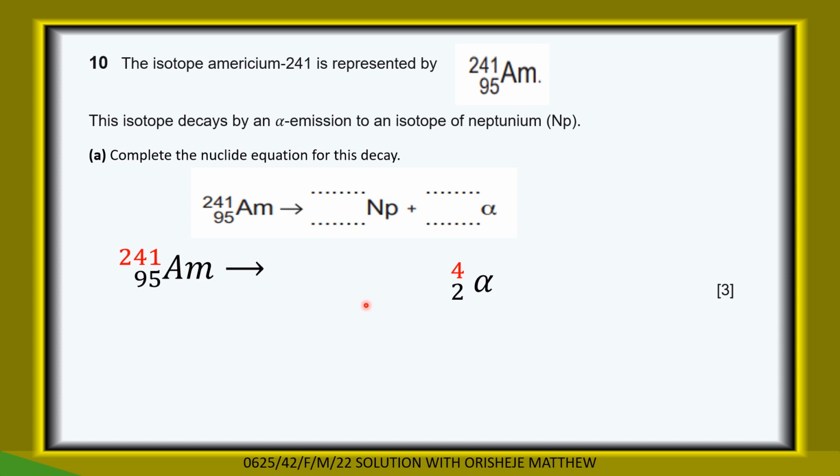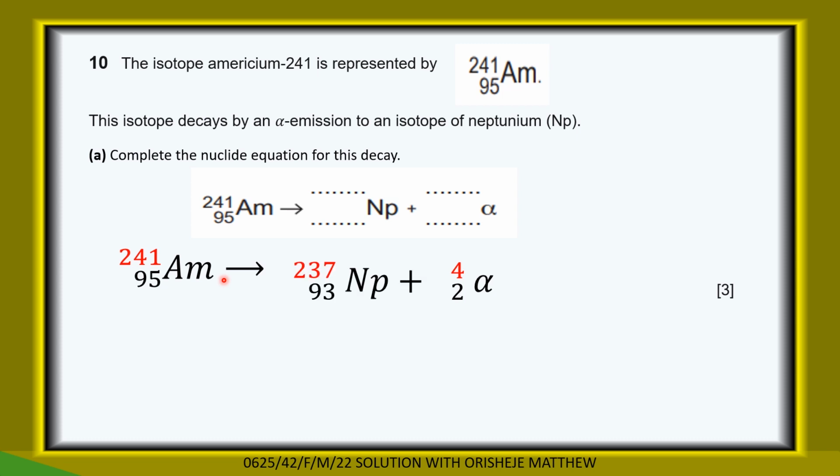So what is the representation of the isotope neptunium? For us to do that, all we need to do is find the number of protons and neutrons. What is the nucleon number? Subtract 4 from 241, and that will give me 237.